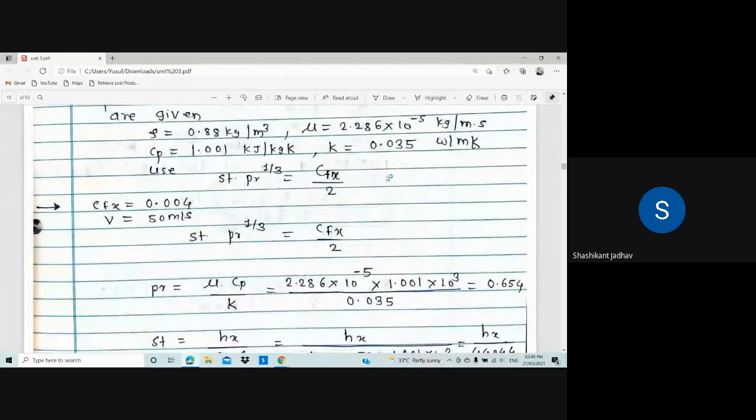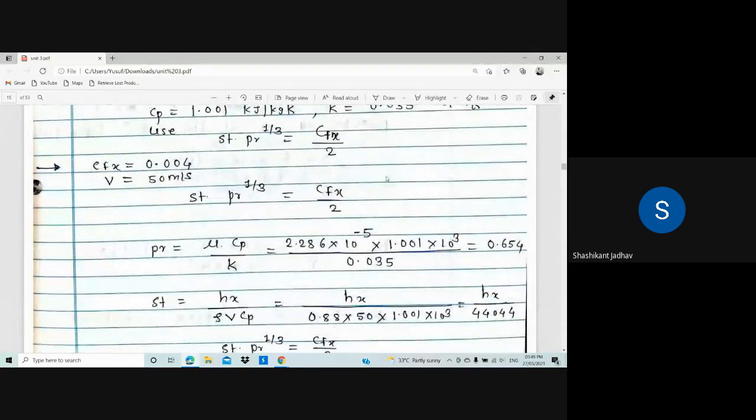And write down the given things from that statement. Velocity is given 50 meter per second and CFX is given 0.004. So all of you write down CFX is equal to 0.004 and V is equal to 50 meter per second.